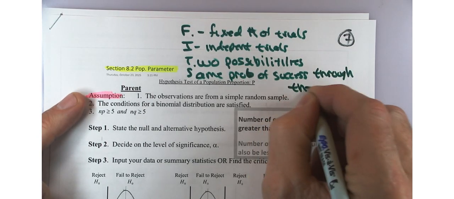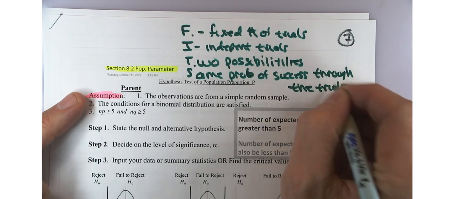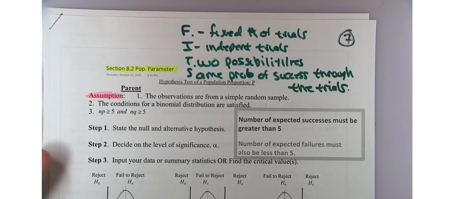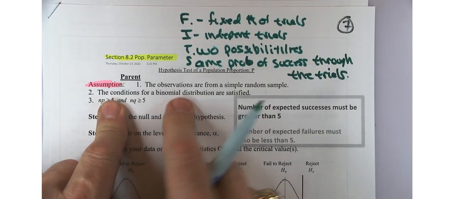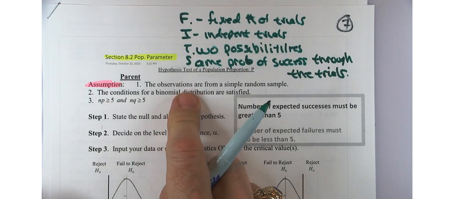So those are your conditions for something to be a binomial distribution.